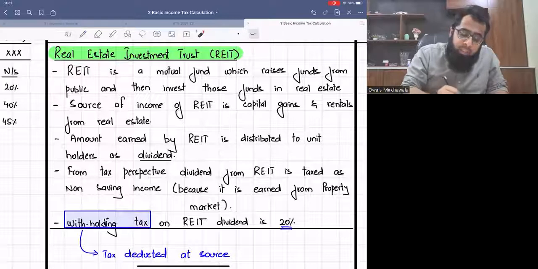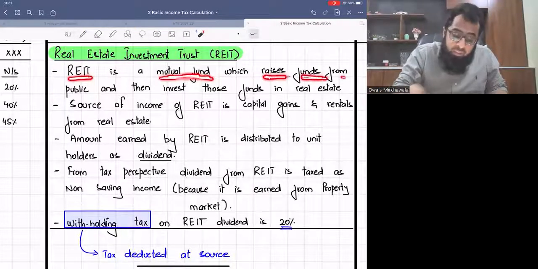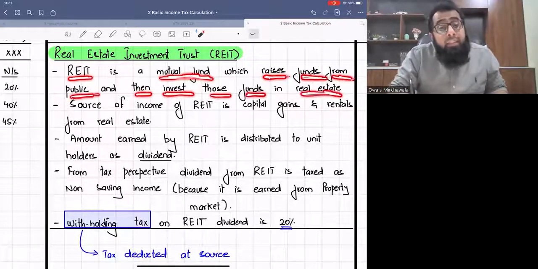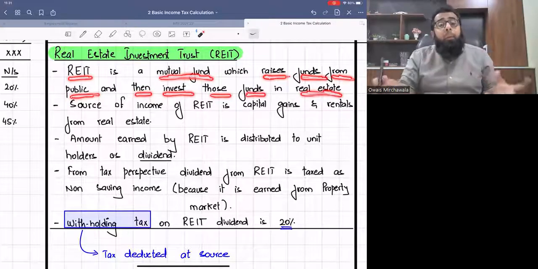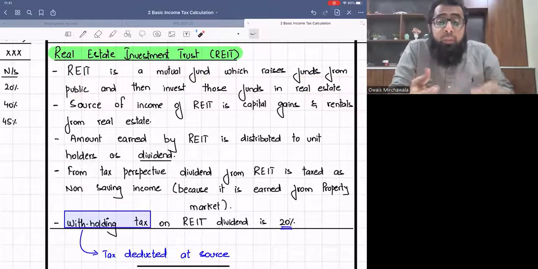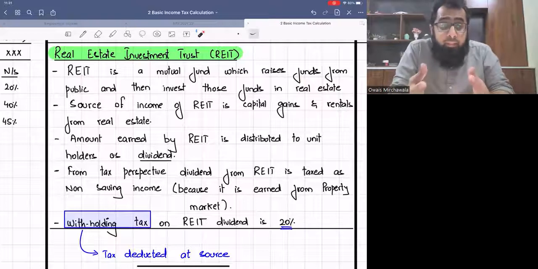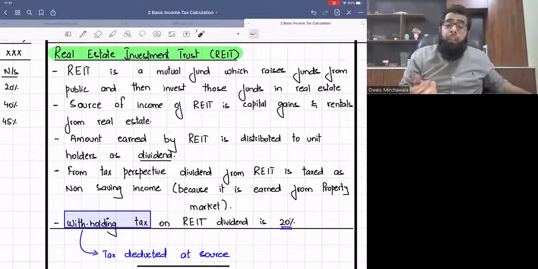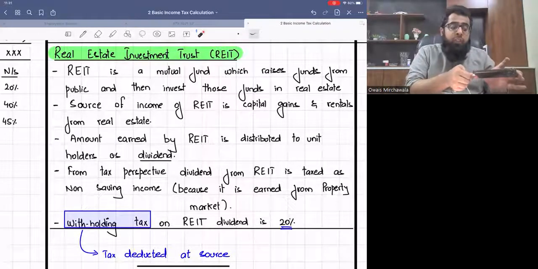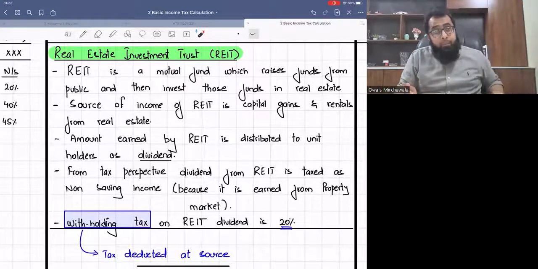So what is a real estate investment trust? It is a mutual fund which raises funds from the public and then invests those funds in the real estate market, in the property market. Basically, a real estate investment trust issues its shares, its units, to the people. They say, we are issuing our units, and if you are interested, you can buy.